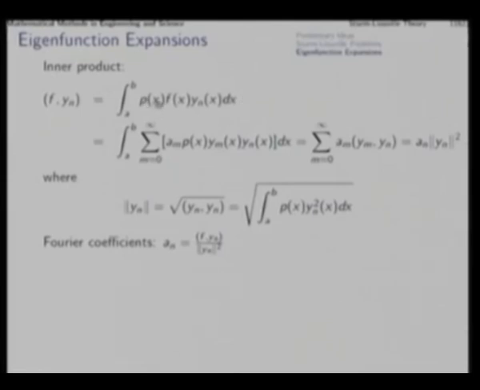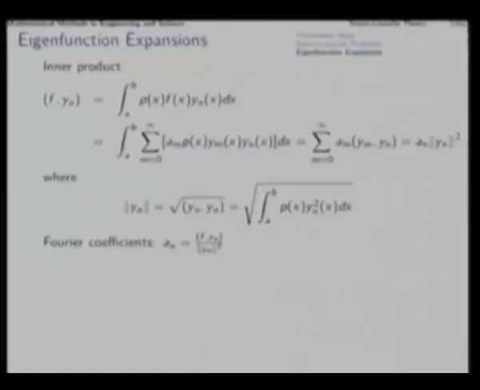Now, if we substitute the summation expression for f(x) here, sum of am ym, then we will find that this integral will give us a series of inner products like this. Since ym and yn are orthogonal for m not equal to n, in this sum only that particular term in which m and n are equal will survive, all others will become 0.